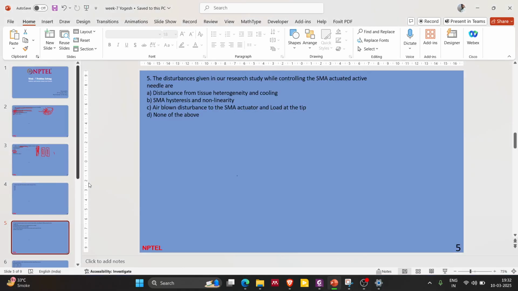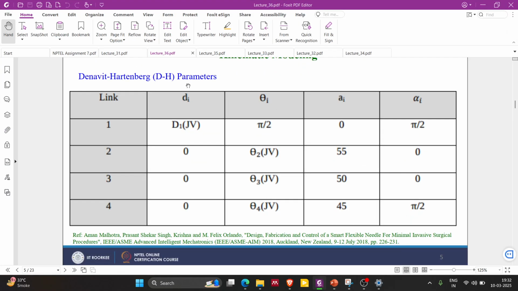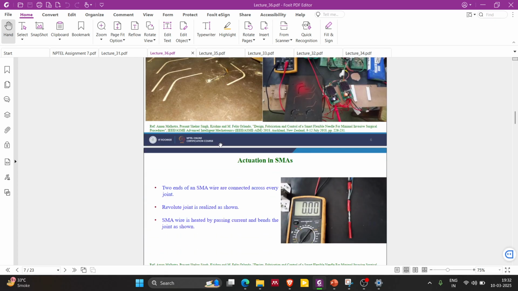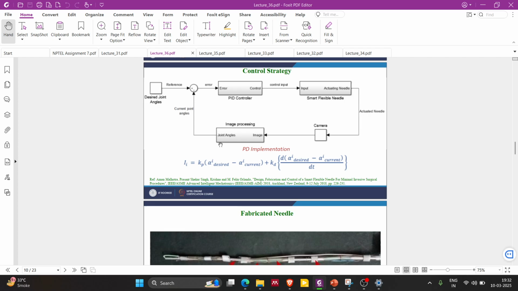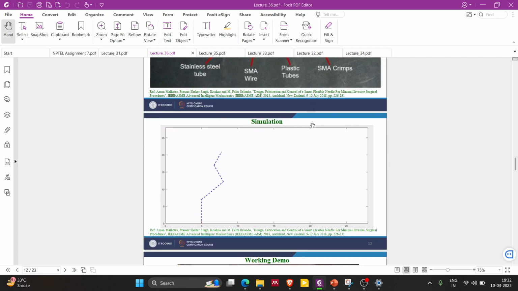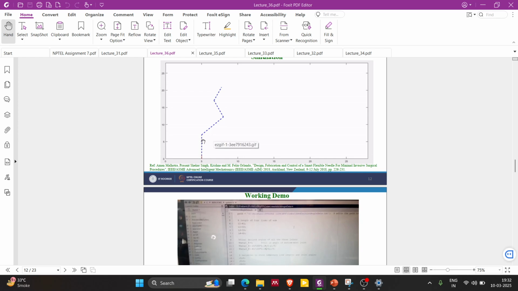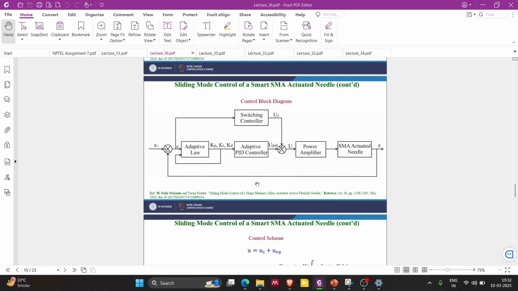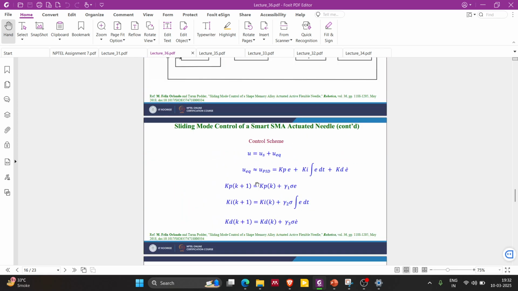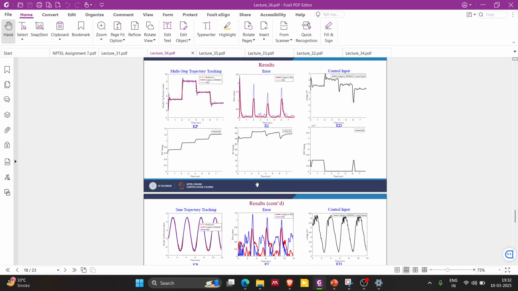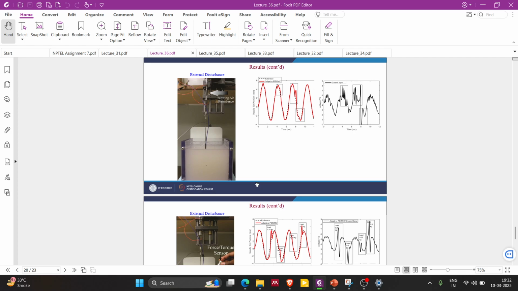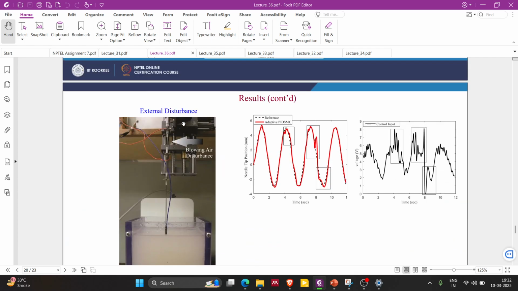If you go to his last lecture, where he talked about his 4 degree of freedom needle, this is his last design. To check the robustness of the control strategy, he introduced external disturbances.